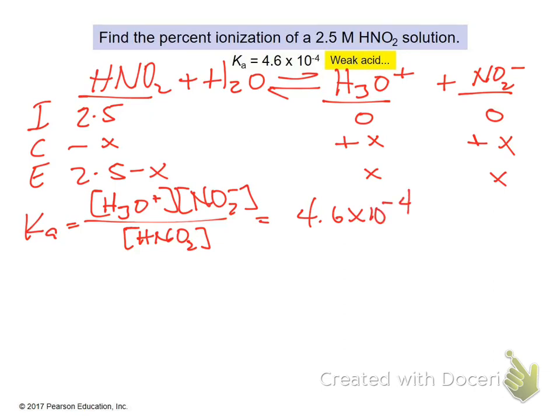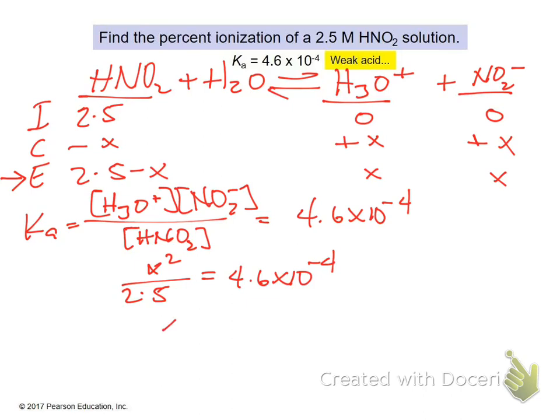And so plugging in the equations for equilibrium as a function of x, we have x squared divided by 2.5 minus x, but we're dropping the x because the Ka value is less than 10 to the negative 3. So make this equal to 4.6 times 10 to the negative fourth and solve for x.